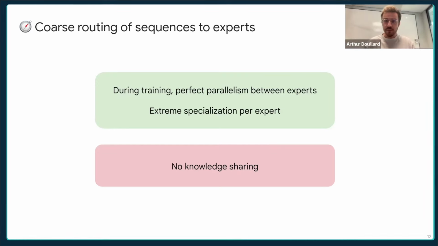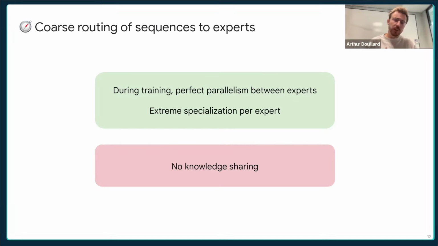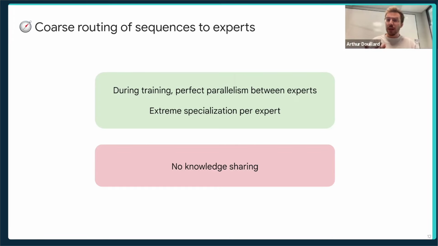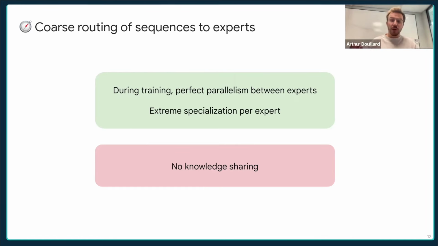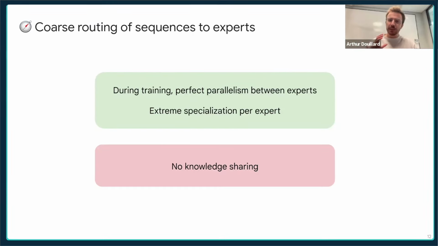Another advantage is extreme specialization per expert. We know that specialization for a model is very useful. If you want to use an LLM to help you with coding, you're probably not going to take whatever LLM, Gemini or GPT, out of the box, but a version that has been fine-tuned for code, which will be slightly better on that task. So extreme specialization of an LLM is very useful.